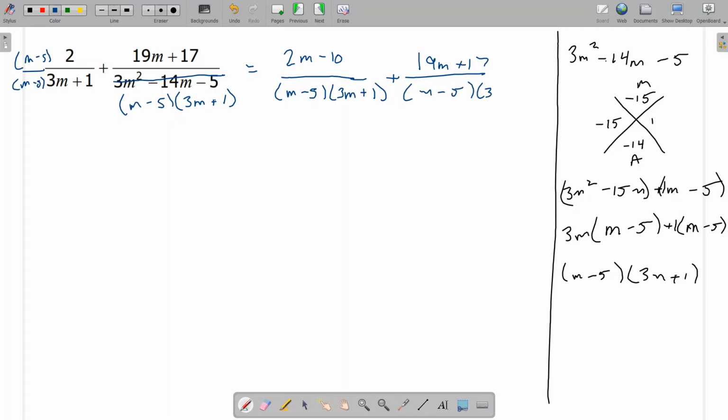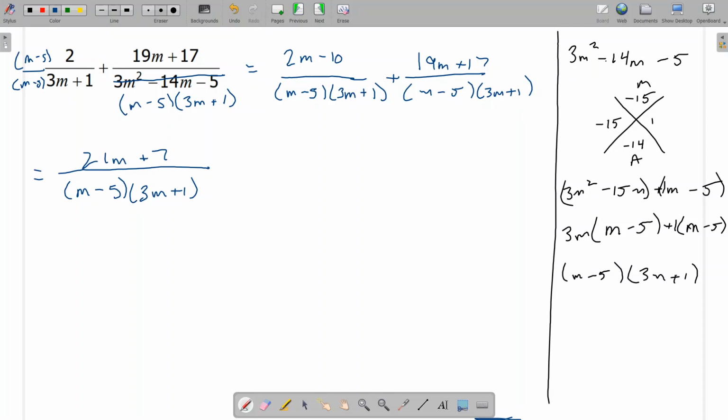And remember, when we add, the denominators aren't being added together. The common denominators are what allow us to add the numerators together. The denominator will remain the same, but those numerators are going to combine and give us 21m plus 7.